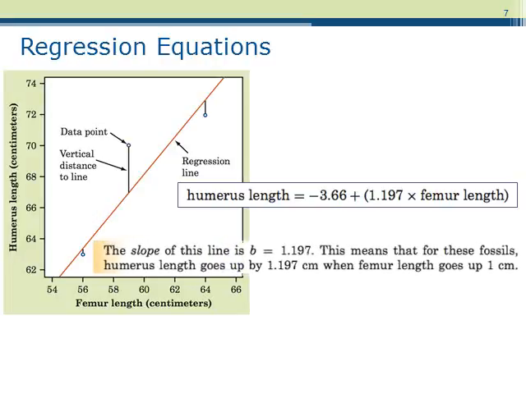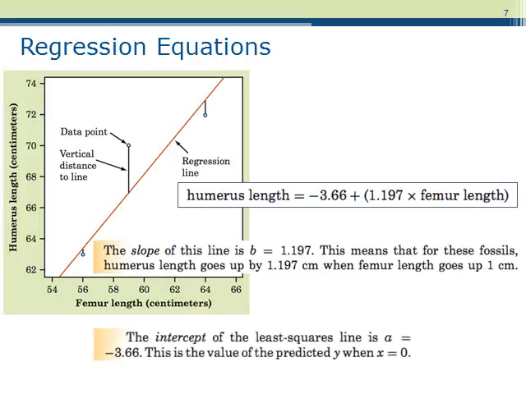The slope of this line is 1.197. This means that for these fossils, humerus length goes up by 1.197 centimeters when the femur length goes up by 1 centimeter. The intercept of the least squares regression line is -3.66. This is the value of the predicted y when x is equal to 0.